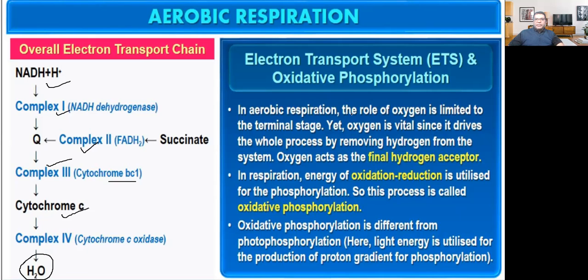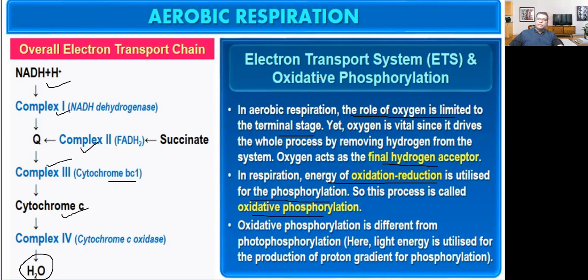In aerobic respiration, the role of oxygen is limited to the terminal stage. Yet oxygen is vital since it drives the whole process by removing hydrogen from the system. Oxygen acts as the final hydrogen acceptor. In respiration, the energy of oxidation reduction is utilized for phosphorylation, so this process is called oxidative phosphorylation.